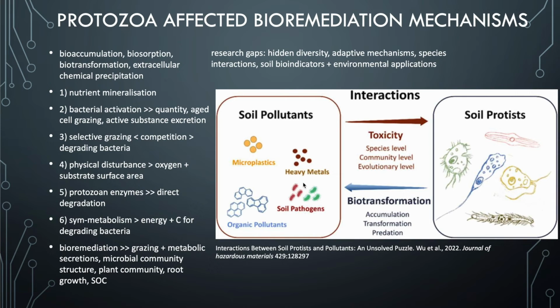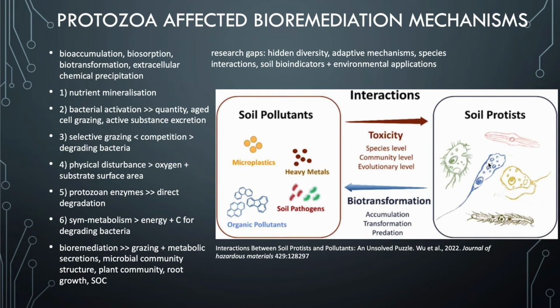This is a lovely diagram showing those interactions between soil pollutants and soil protists. So there are all different kinds of pollutants, such as microplastics, heavy metals. Organic pollutants and soil pathogens are also classed as pollutants in this review, and they are toxic, and they can be toxic to certain species of protists and other organisms, such as plants and bacteria. They can exert their toxicity at the community level or at an evolutionary level, for example, by causing mutations and therefore evolutionary adaptation to that particular polluted soil or to that particular pollutant.